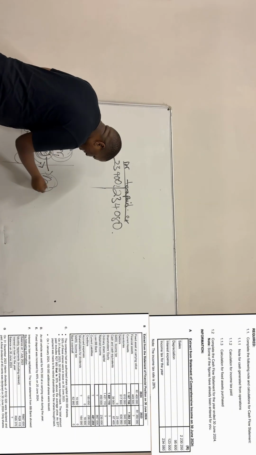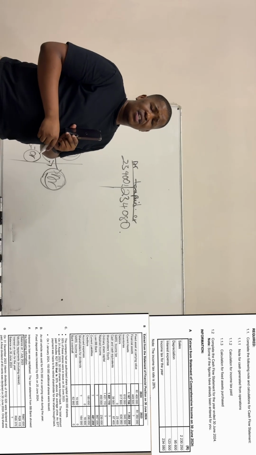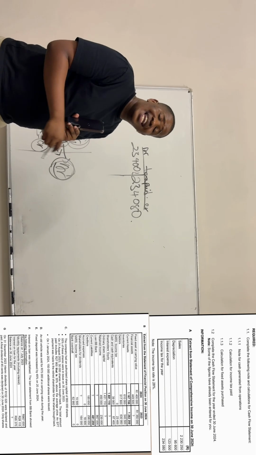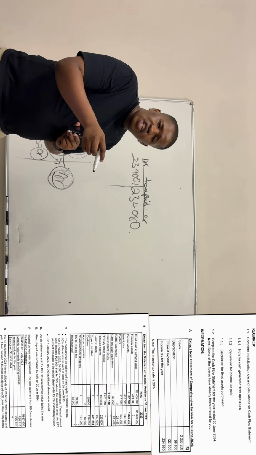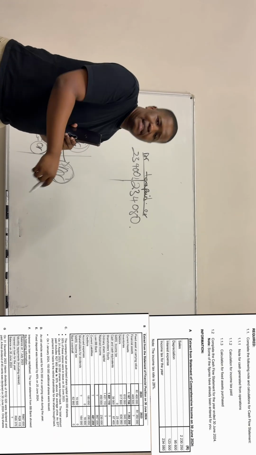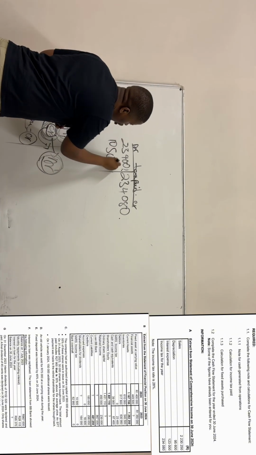Therefore, the balance at the end of 10,500 must be recorded on the debit side. Because the opposite of credit is debit. Liability means credit. Why are we taking it on the opposite side? Because it's balance at the end. So the 10,500 comes on the debit side.